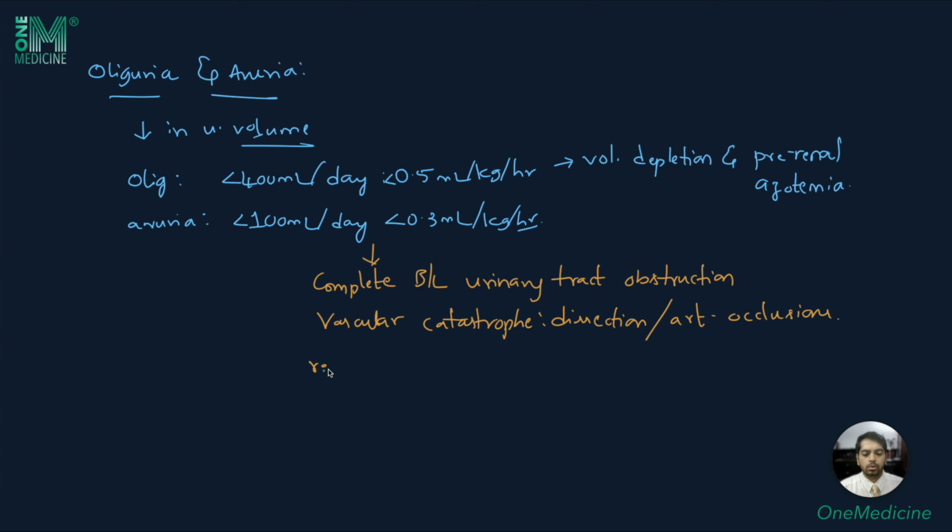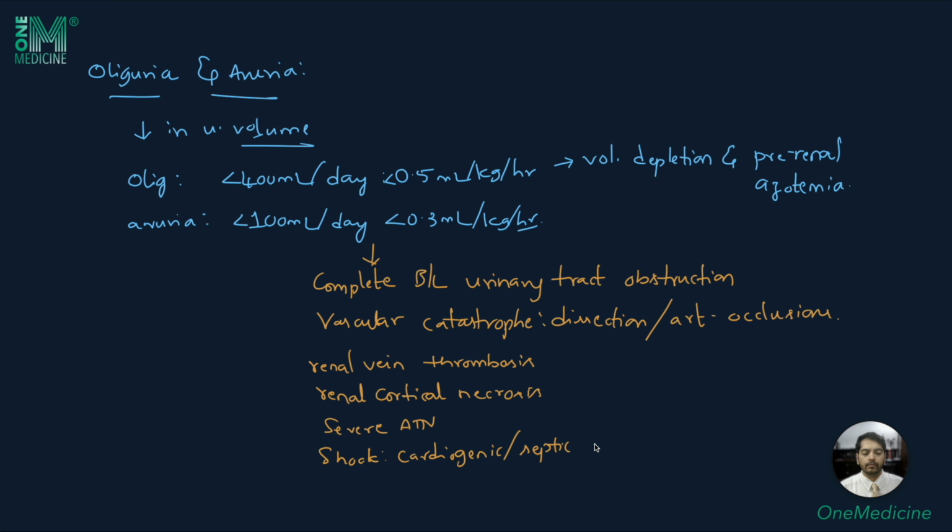Other causes of anuria include renal vein thrombosis, renal cortical necrosis, severe acute tubular necrosis, shock, even cardiogenic or septic shocks, along with hypovolemic shocks. Certain drugs such as NSAIDs, angiotensin converting enzyme inhibitors, or even angiotensin receptor blockers.